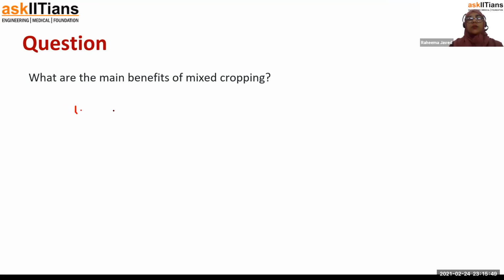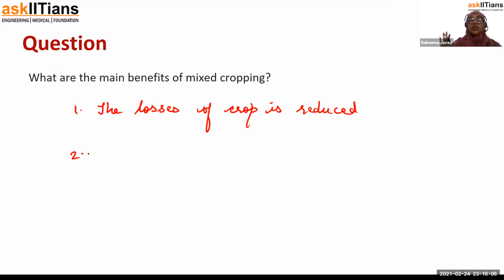With mixed cropping, the losses of crop are reduced, because I think I mentioned this point in intercropping or crop rotation. When we are growing two or more crops at the same time, suppose one crop gets destroyed by a certain pest, the same pest will not affect the other crop growing in the same field.